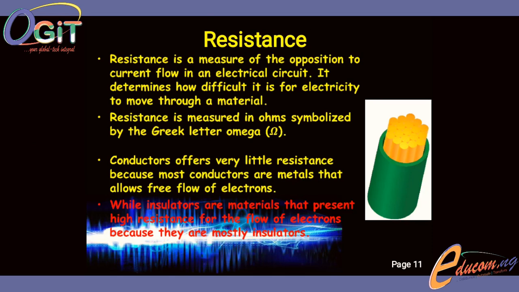Resistance. Resistance is a measure of the opposition to current flow in an electrical circuit. It determines how difficult it is for electricity to move through a material. A good example is this. If you have two pipes where water can run through, one filled with sand or stone and one not filled with anything, which one do you think will allow free flow of water?